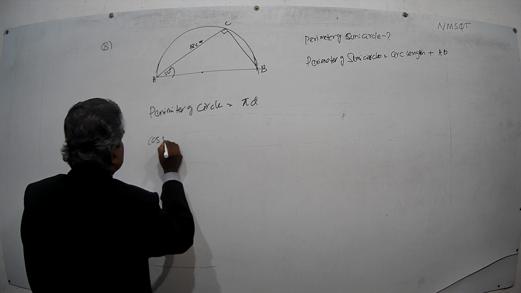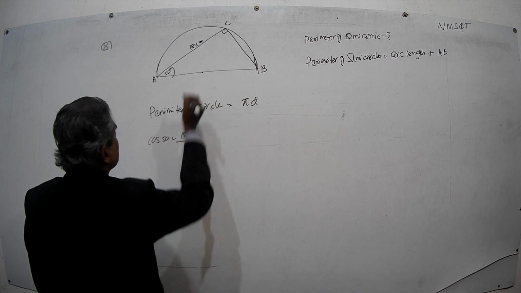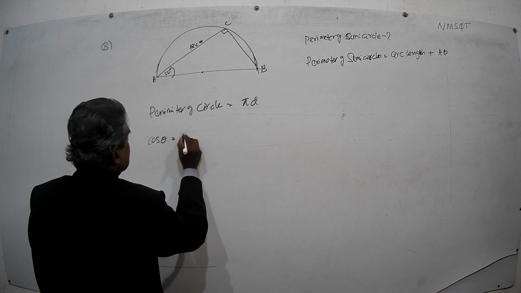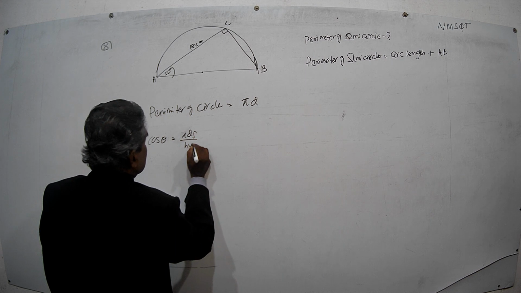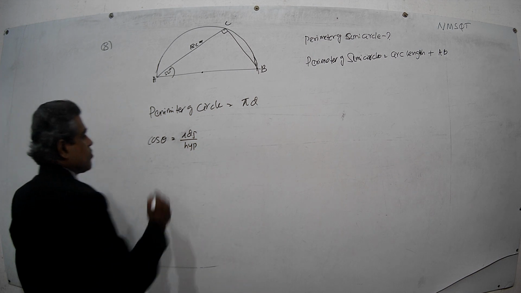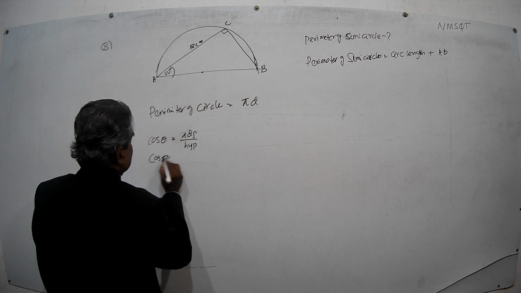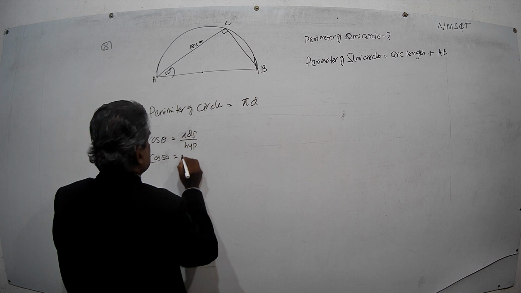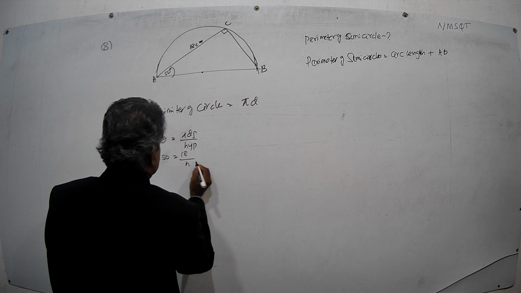We write cos theta equals adjacent side over hypotenuse. Therefore cos 50 equals adjacent side, which is 18, divided by the hypotenuse, which is not known. We have to find it.